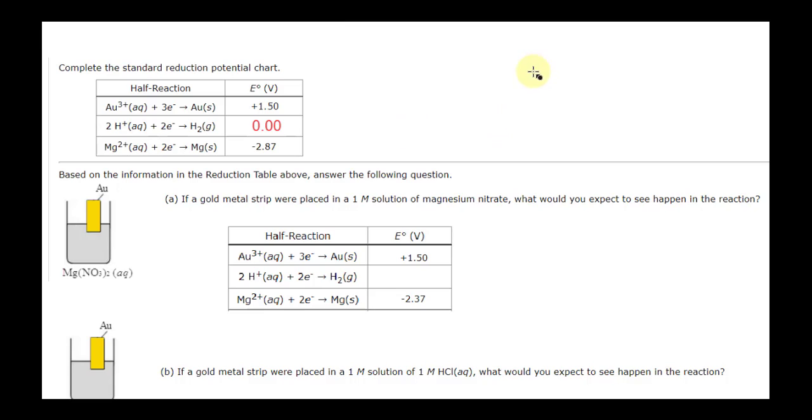One warning, when they give you a chart, they may not put these in order. And my strongest piece of advice on any one of these questions that involves a reduction table, if they've got these things unordered or the negative on the top, reorder them, because you want to have this point of view of reduction.